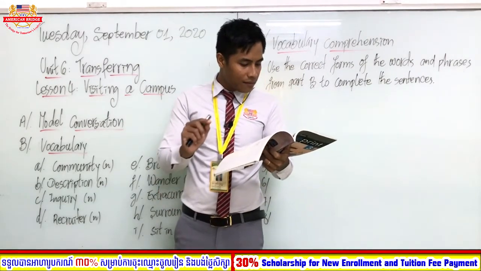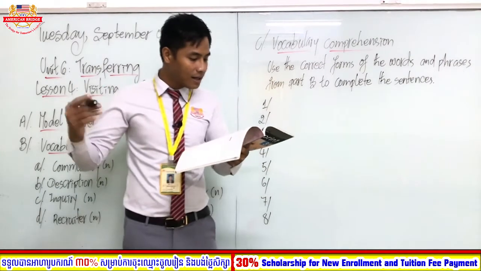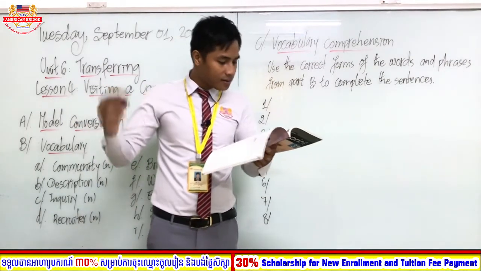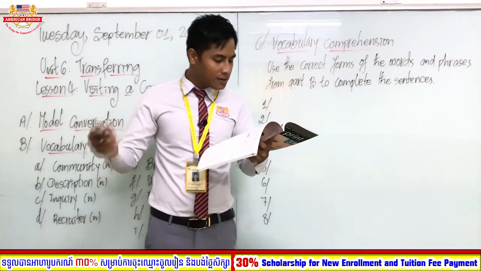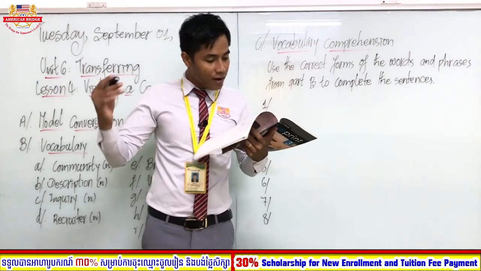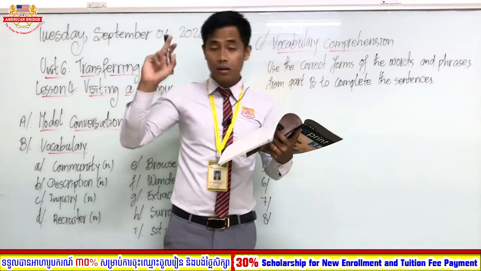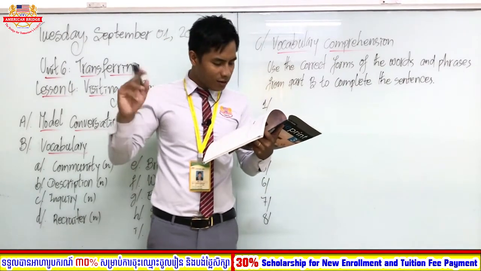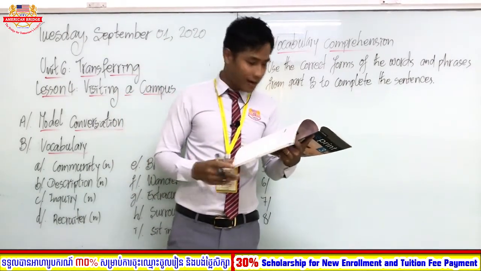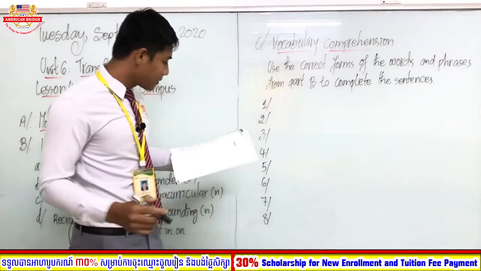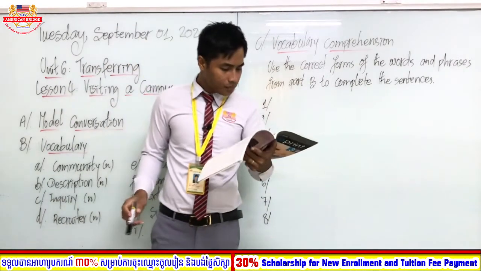So look at part B. We have make an inquiry, find out, browse, wander, surrounding community, sit in on, recruiter and visit. Okay, right, good. So now let's read it all together, students.